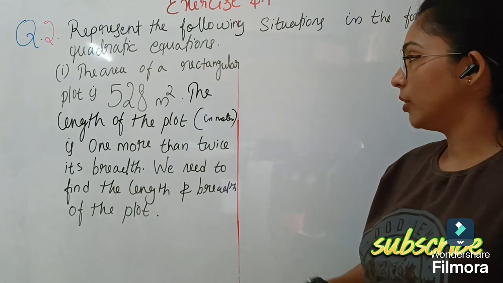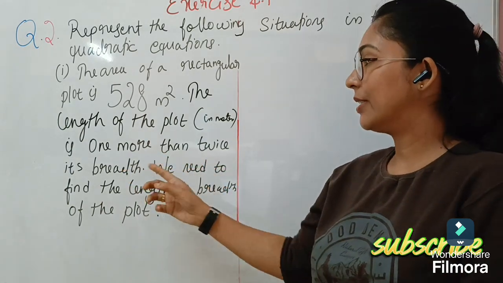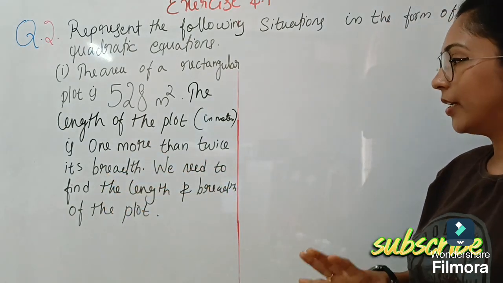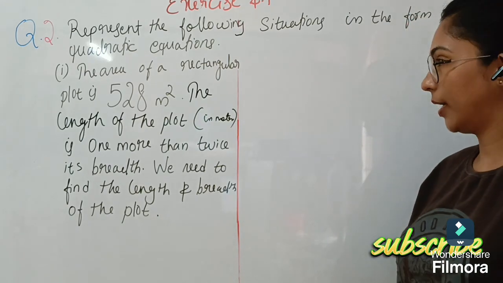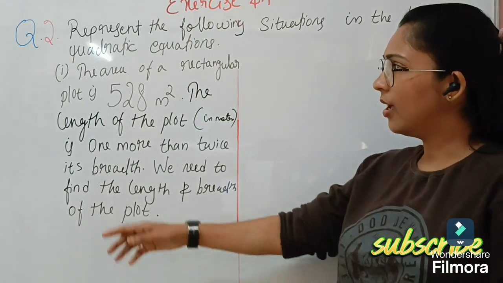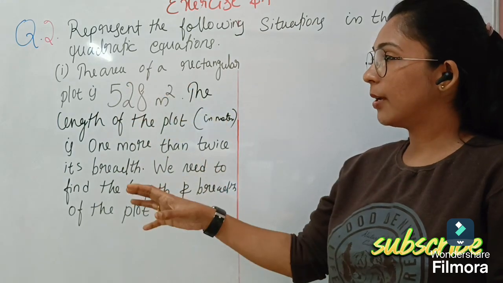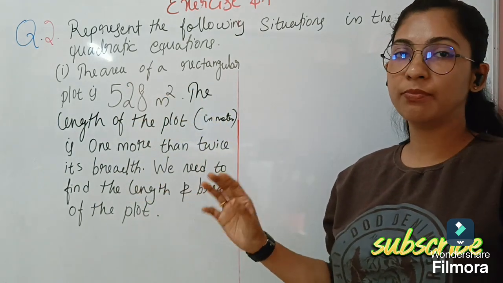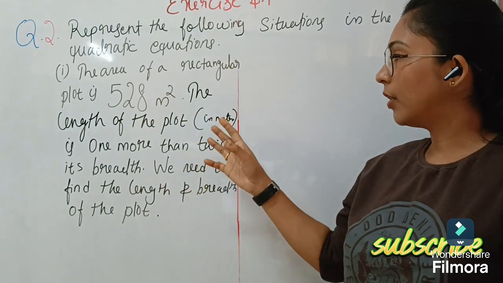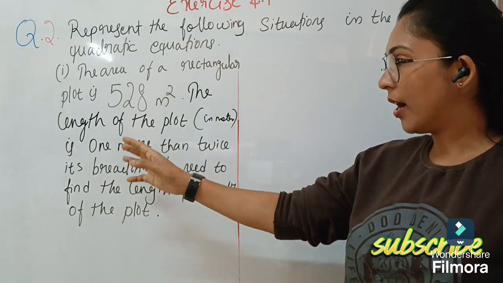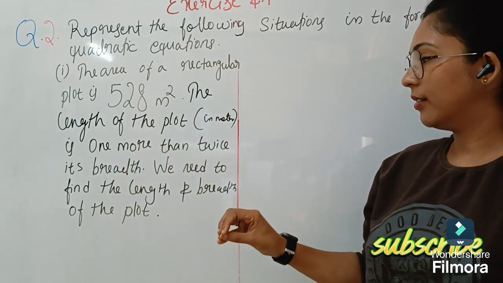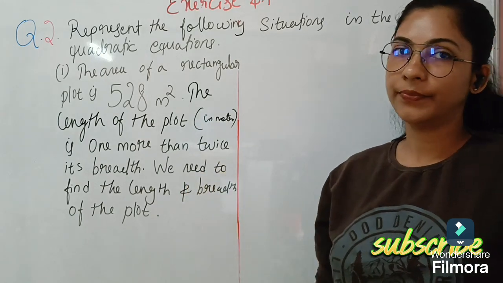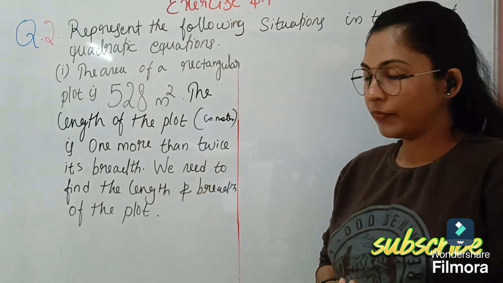The length of the plot in meters is 1 more than twice its breadth. We need to find the length and breadth of the plot. So this is the question.